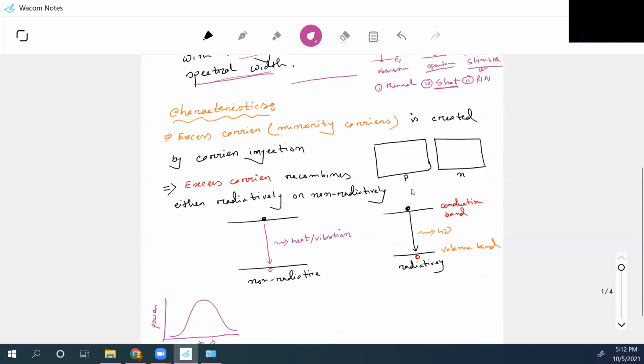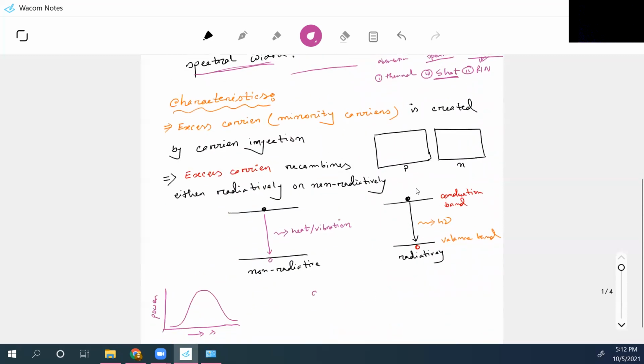One photon generates and goes in this direction, another photon goes in another direction.